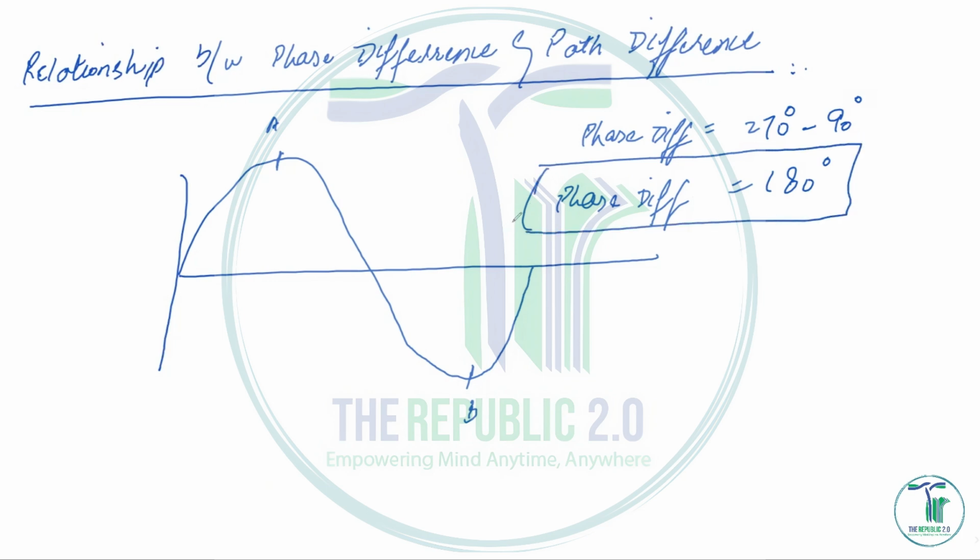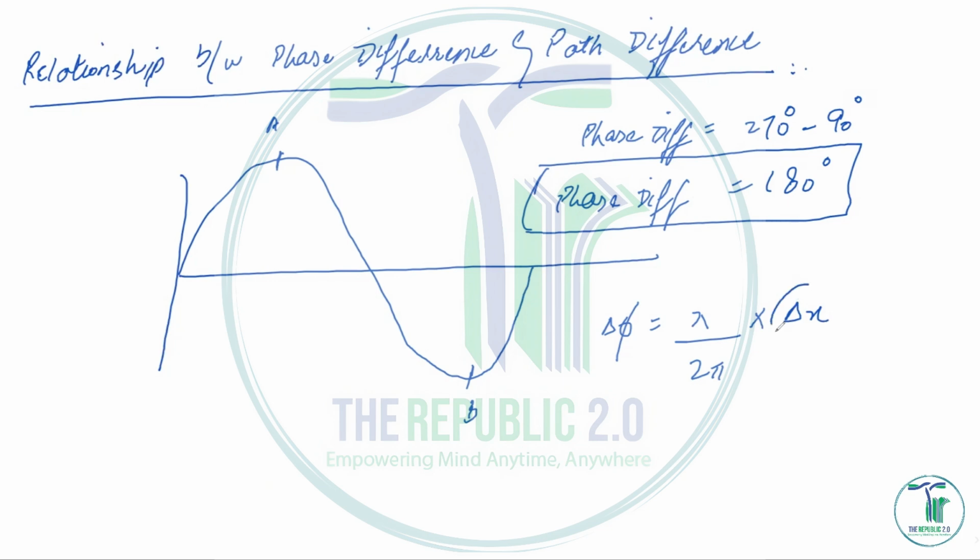Secondly, if you want the path difference between the same points, you can remember the formula that the phase difference, represented by delta phi, is equal to 2 pi divided by lambda times delta x, where delta x is the path difference.